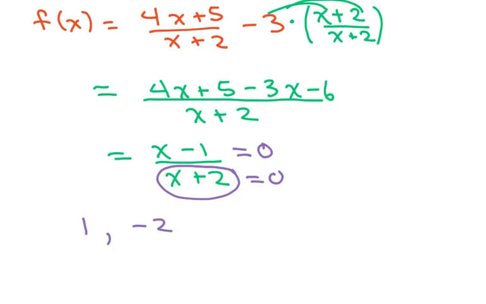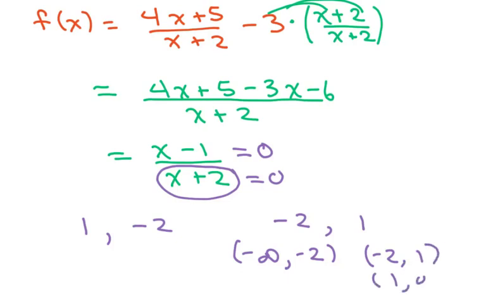So if you order this, we're going to have negative 2, 1, and the intervals we're going to check are from negative infinity to negative 2, and then negative 2 to 1, and then from 1 to infinity.